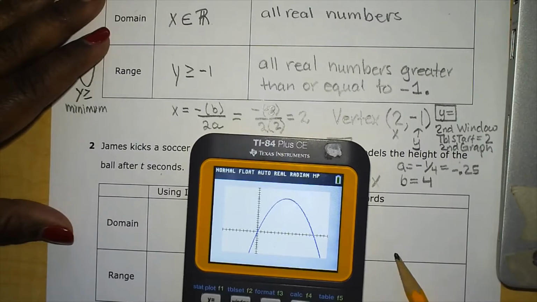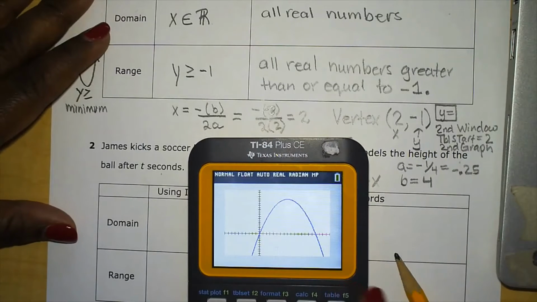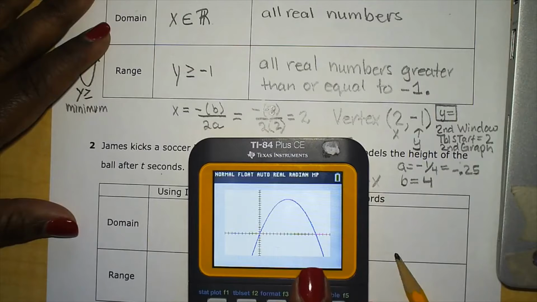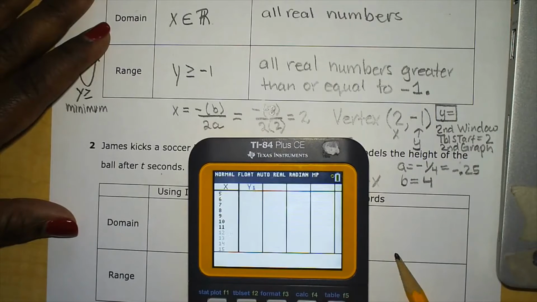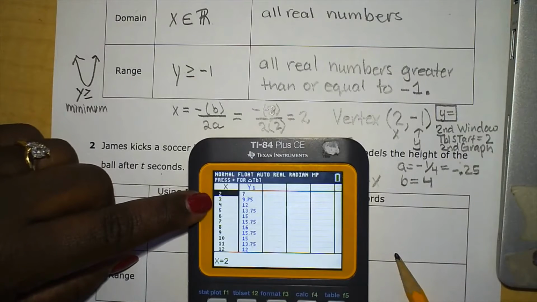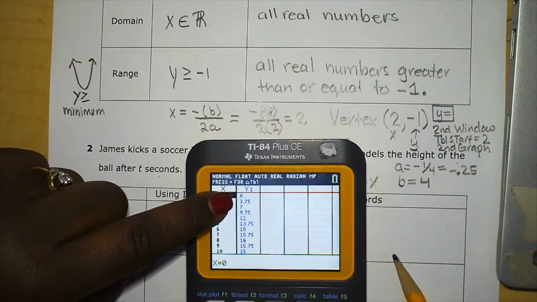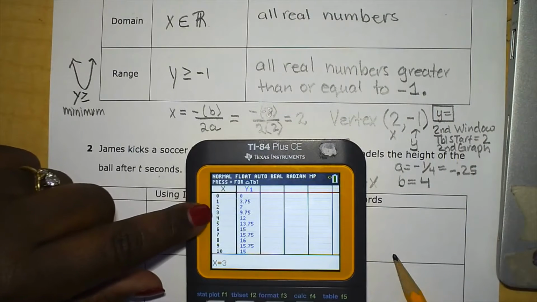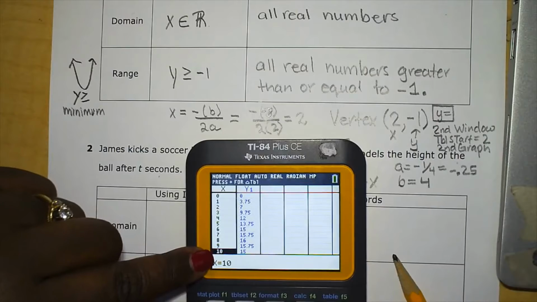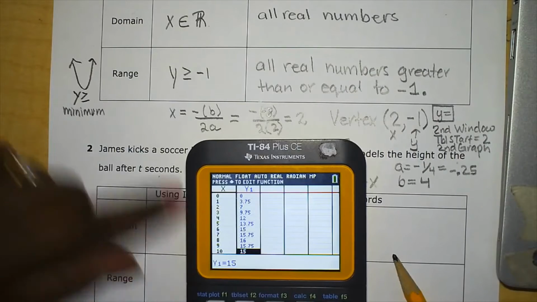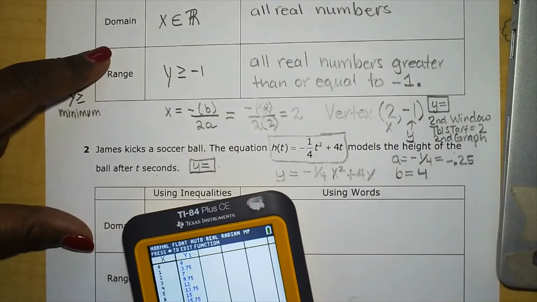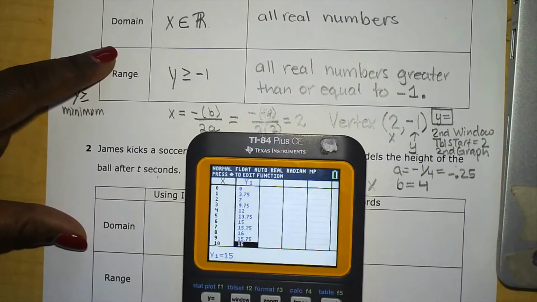So, what is the domain and range of this function? We know he's on the ground, it's at 0. After 10 seconds, it's at 15. They didn't tell us how high. I would say feet.